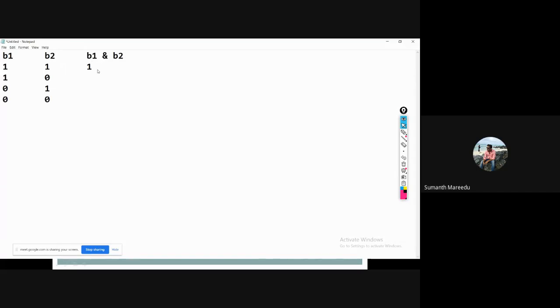If any one of them is 0, the result is 0. This is what we saw in the logical AND also: if both expressions are true, it is true. If any one of them becomes false, it is false. That is the same story with the bitwise AND operation also.